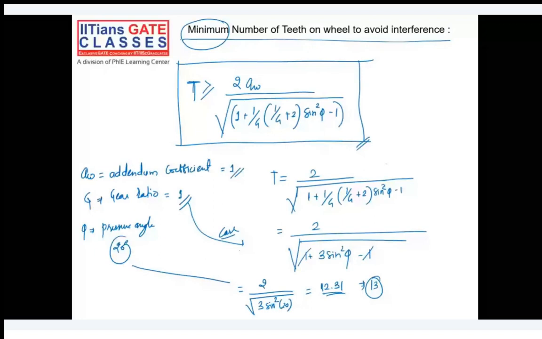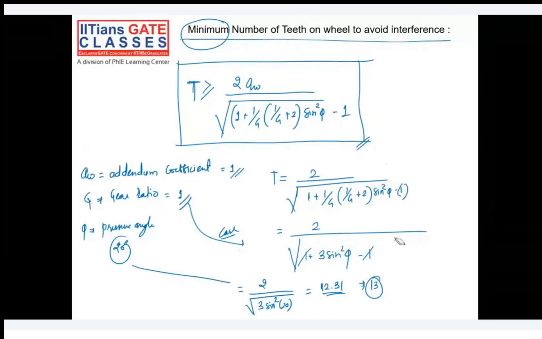Yes, correct. Thanks for correcting it. It is outside the root. Okay, so it will not cancel out then.